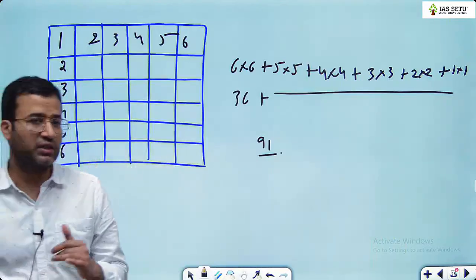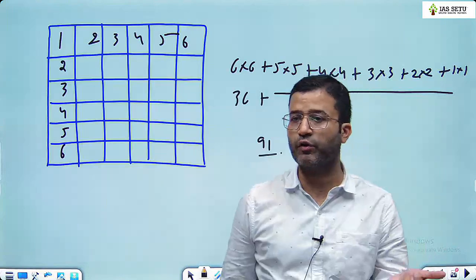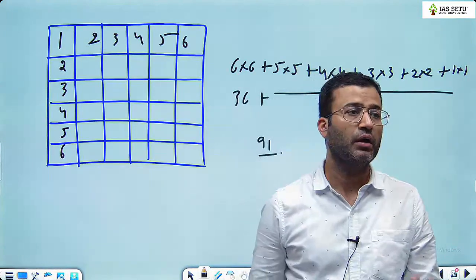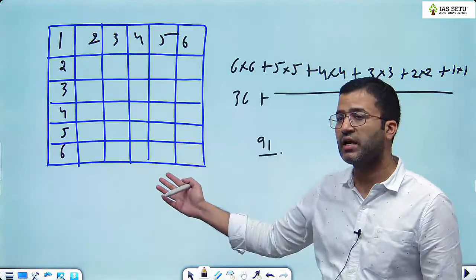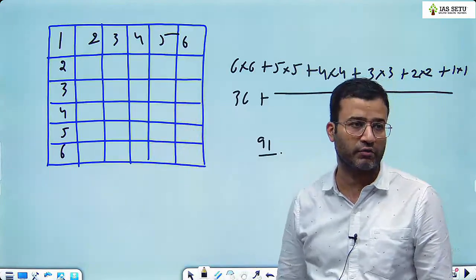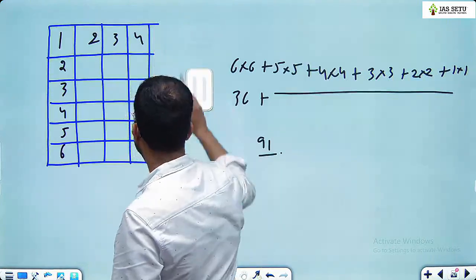This is one thing, this is our type 1: in a square, the number of columns and the number of rows are equal. The next type is, here it is not necessary that the examiner will ask where the number of columns and rows are equal. Our next type is, they might ask this.